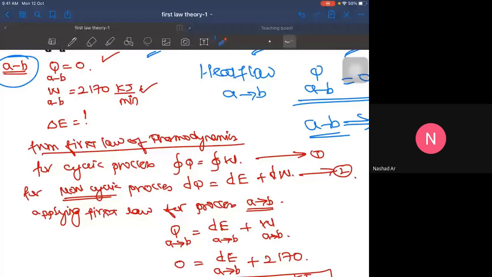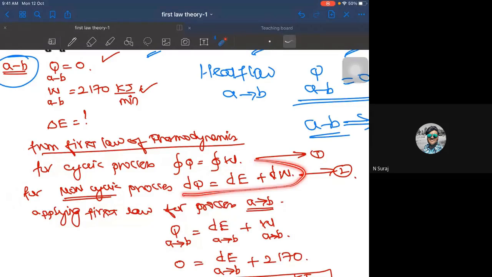For a non-cyclic process, for a single process, you use dQ equals dE plus dW.